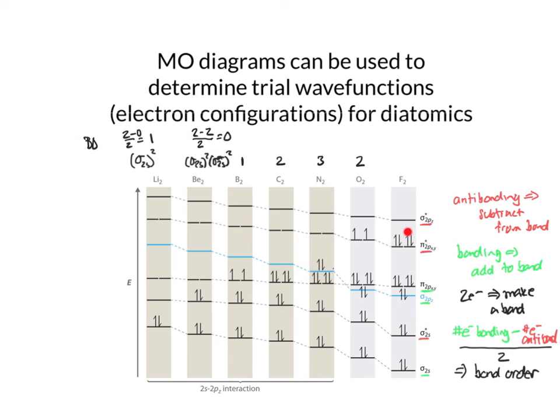The pi and pi star electrons cancel each other out because there are 4 bonding and 4 antibonding. I'm left with 2 bonding electrons, and 2 divided by 2 is 1, so the fluorine bond is a single bond. Again, this matches what you know when you draw Lewis structures. Oxygen has a double bond, nitrogen has a triple bond, and fluorine has a single bond with 6 non-bonding electrons around each fluorine.